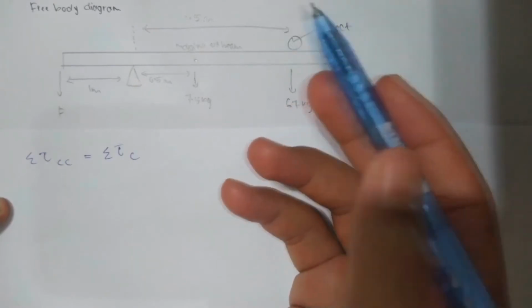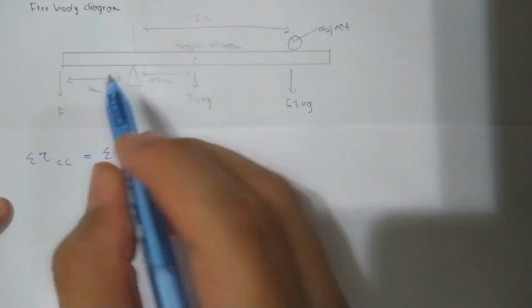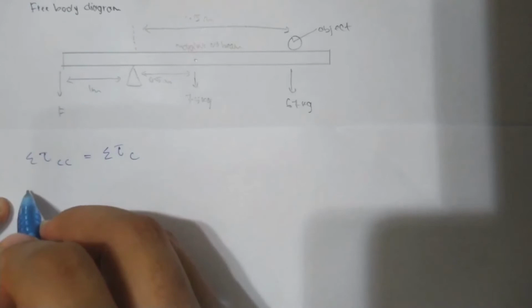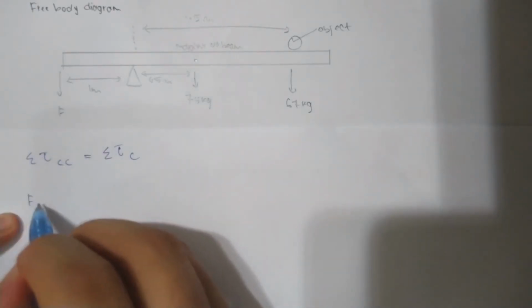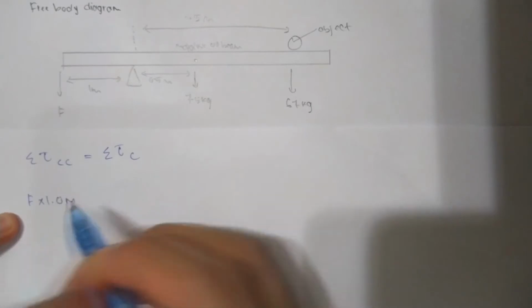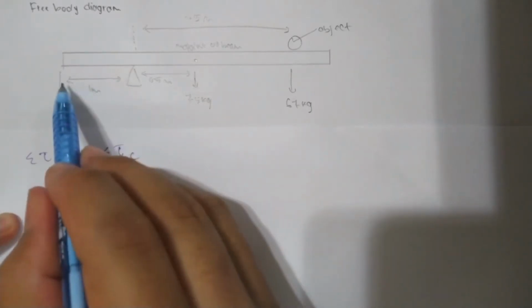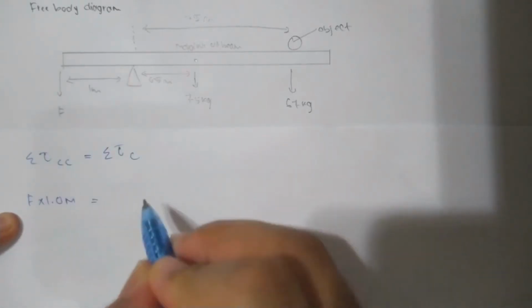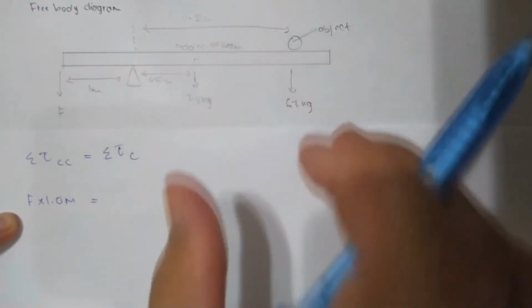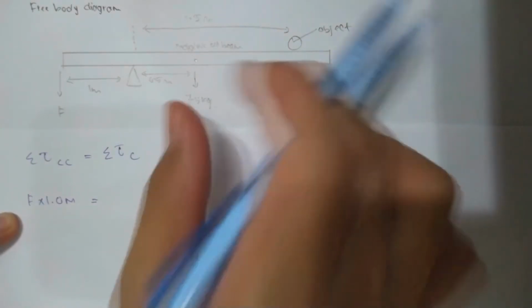So we just add the value in this equation. In the counterclockwise direction, we have force times 1.0 meter, where 1.0 meter is the distance from the force to the fulcrum, equal to the sum of the torque in the clockwise direction.